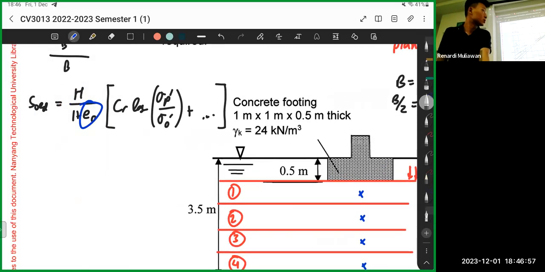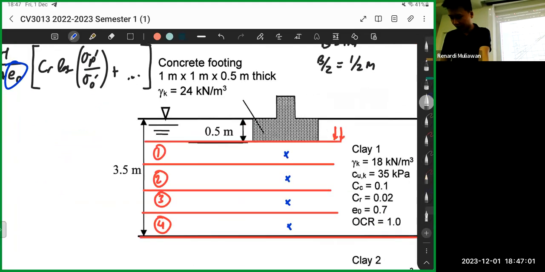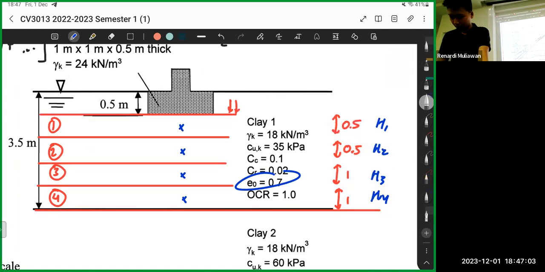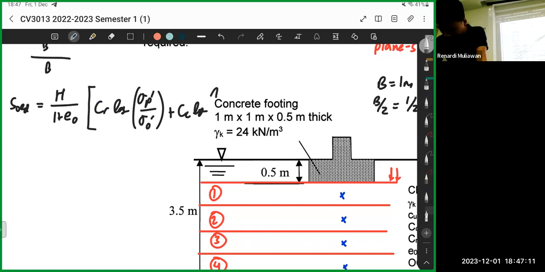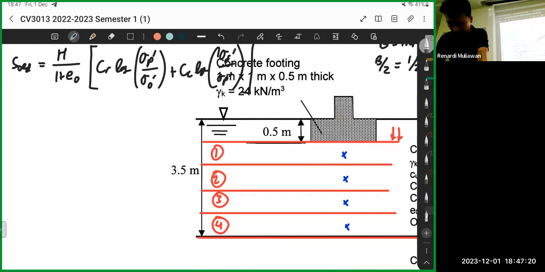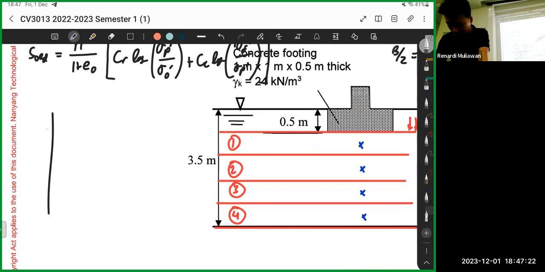E0 is the void ratio, right? So it's a given. Okay, it's a given here. Now this part, if you notice there's CR and CC. Okay. This one is CC log sigma P divided by sigma final over sigma P, something like this. Okay. So if you remember consolidation, the graph looks like this.